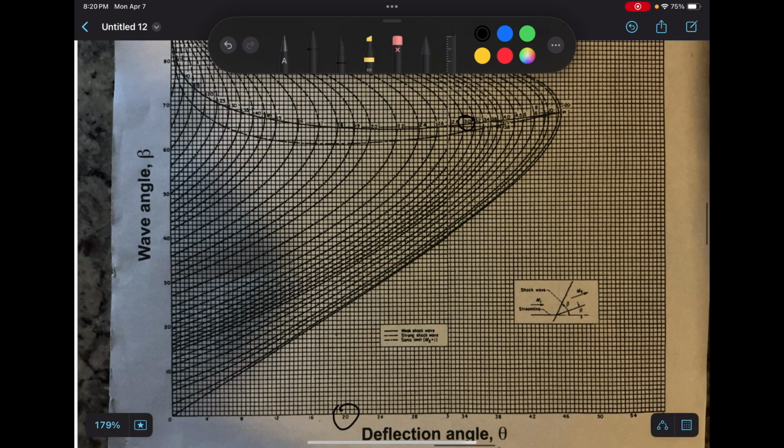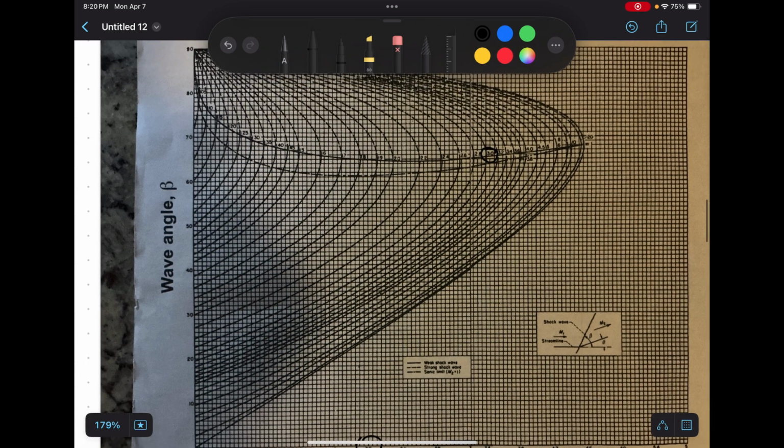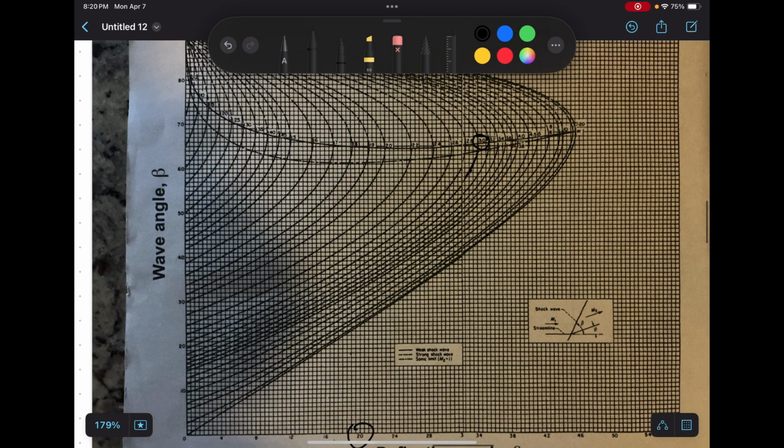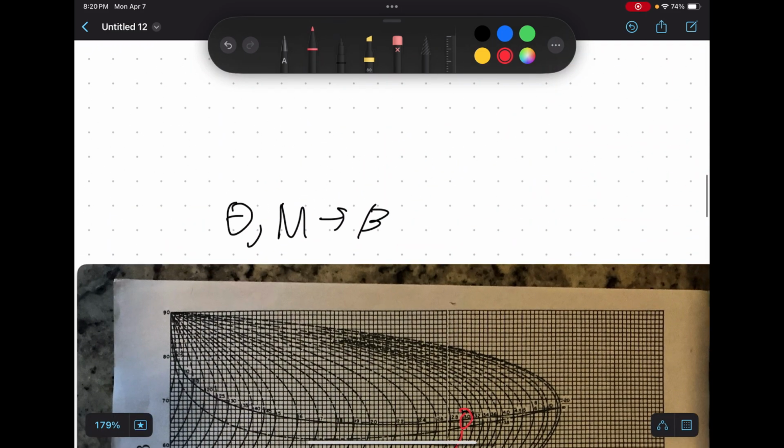The way this would work is you follow this line, red, Mach 3, and then you draw a line over, and let's say you get 37 degrees.